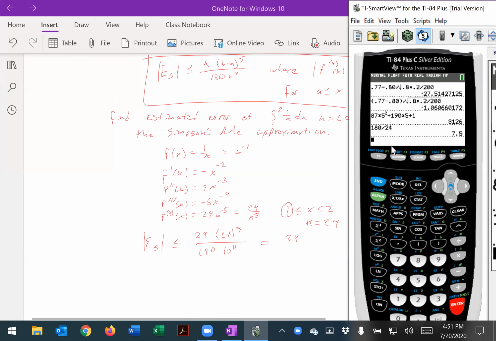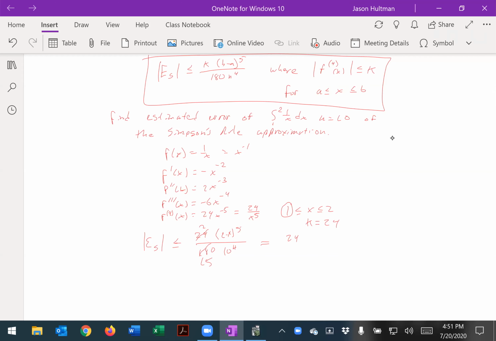So it really doesn't go in evenly, but if I divide both top and bottom by 12, I would get 2 over 15. So this is 2 over 15 times 10 to the 4. Well, 10 to the 4 is 10,000. So this is 15 times 10,000, which is 150,000, I believe. Let me check with my calculator.